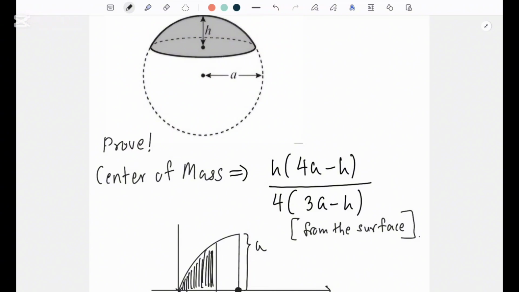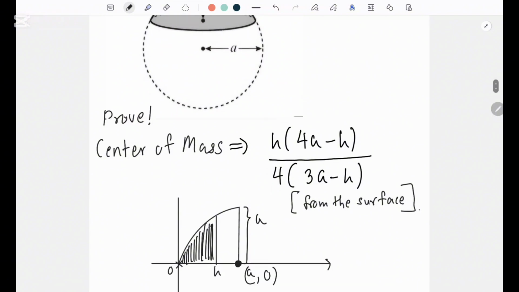So I just thought of putting in the answer straight away so I can prove it, because that's how the question was, but it had a big description, so I just removed that instead. So what the question said is to prove that it's this center of mass from the surface. So basically they chopped it off, so the shaded region is actually removed. So what you have remaining is this, right? So they're asking us to find the center of mass from that surface, all right?